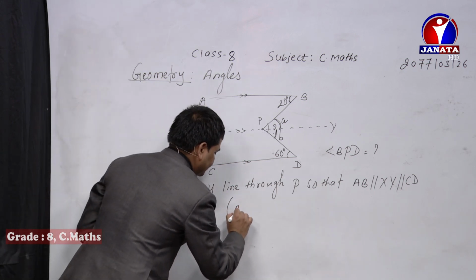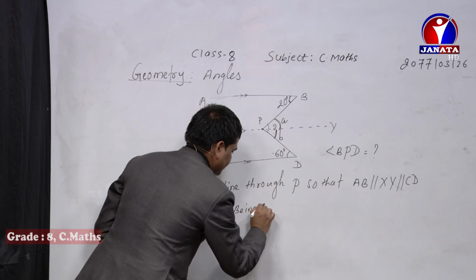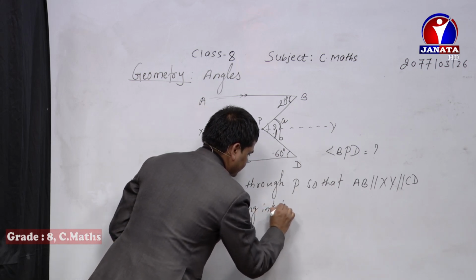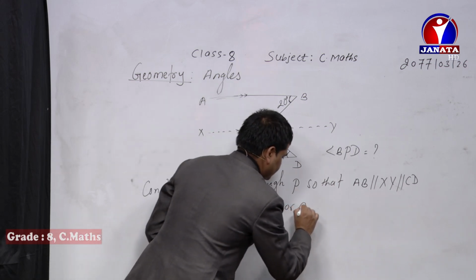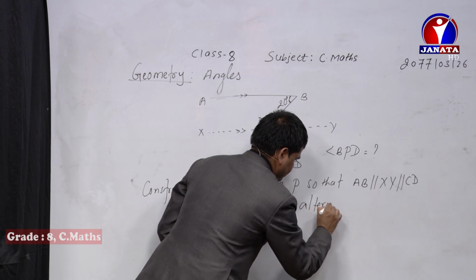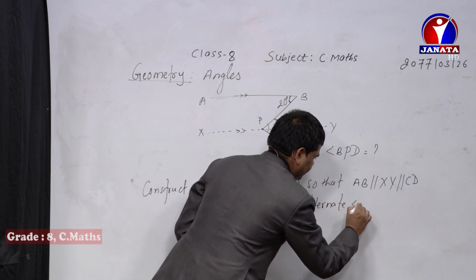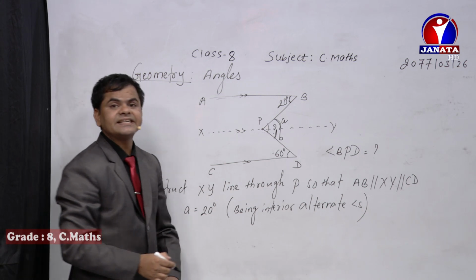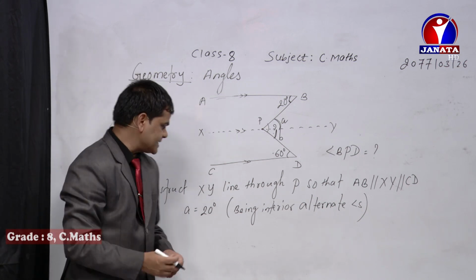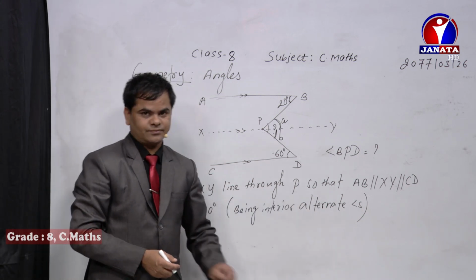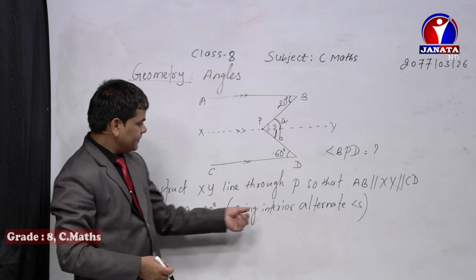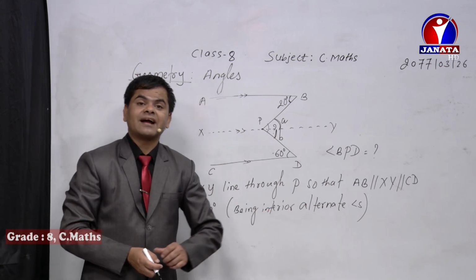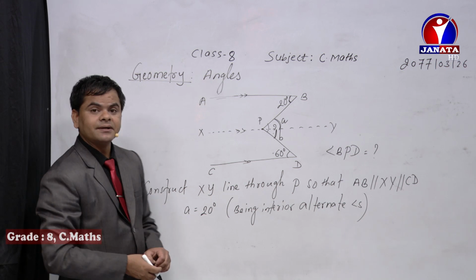You can write here being interior alternate angles. Okay, they are the interior alternate angles. Simply you can write being alternate angles as well. But if you clarify what alternate angles these are, it will be better.